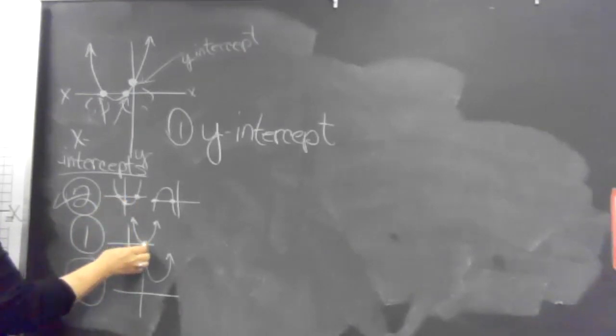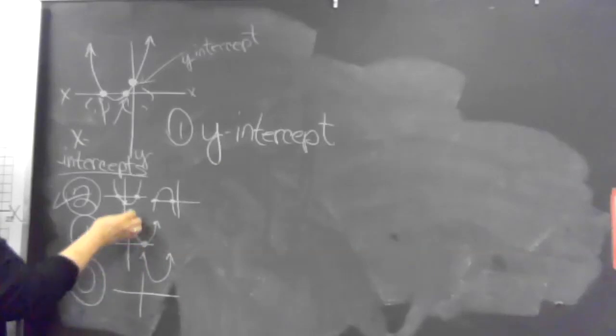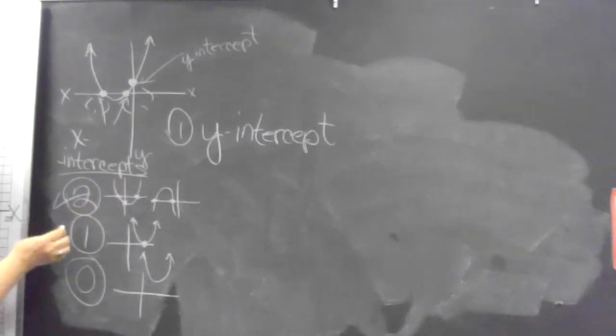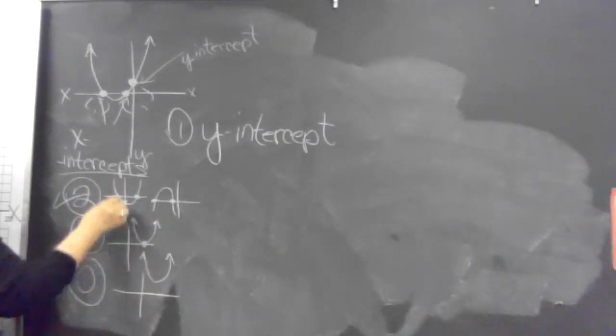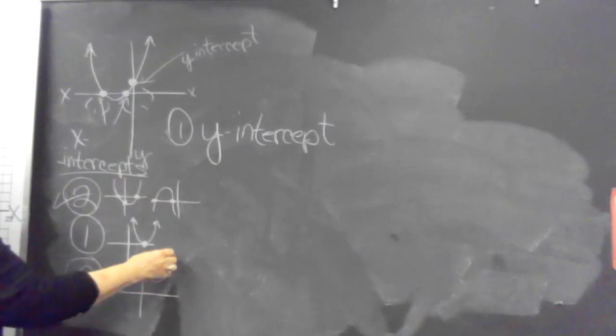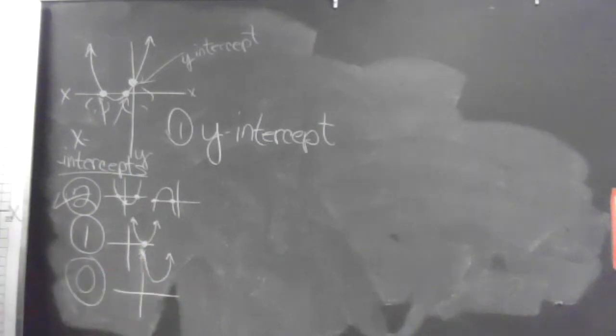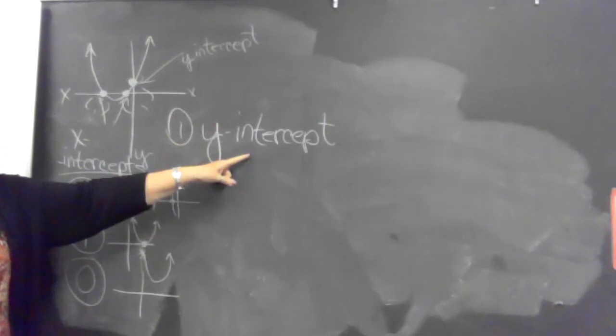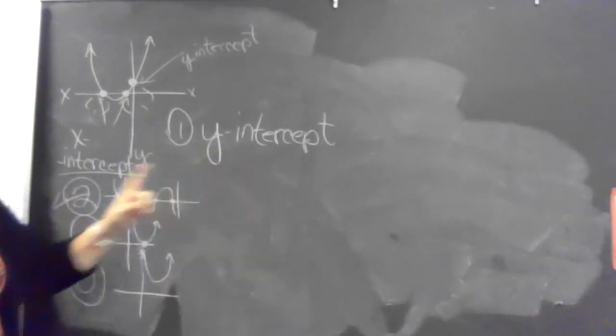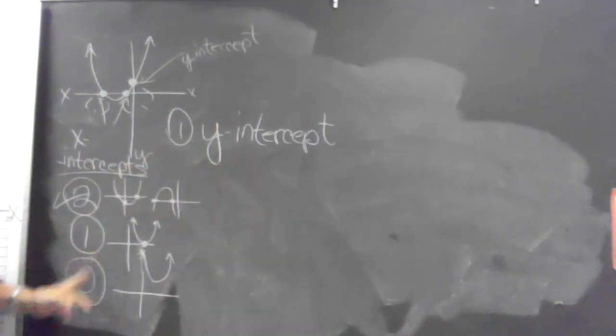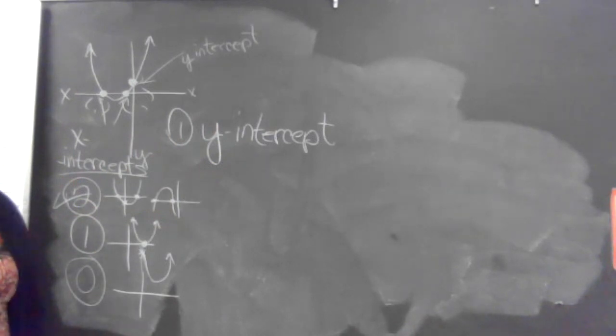Remember I told you this doesn't go straight up, it continues to go out. And so sooner or later, it's going to cross the y. Every parabola that you're going to be working with will have one y-intercept. It could have 2, 1, or 0 x-intercepts.